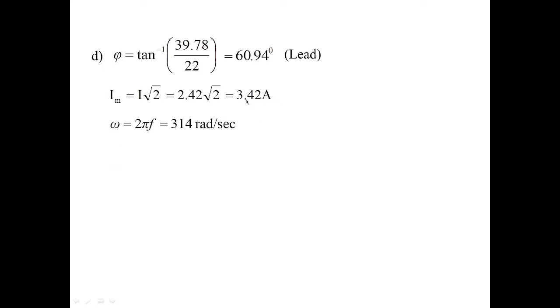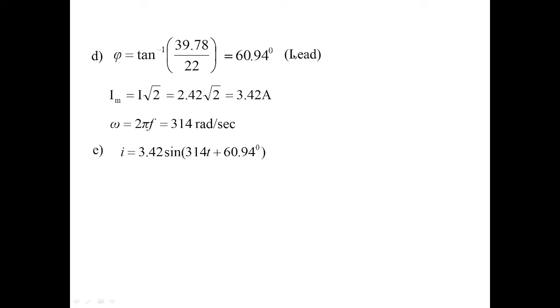Now, once we obtain the maximum current, let us also see what omega is. Omega, as I told you, is 2 pi f, whose value is 314 radians per second, just substituting f equal to 50. Then we can get the instantaneous current equation as i, small i denotes the instantaneous value of current, which is equal to the maximum value of current times sine of 314t plus 60.94 degrees.